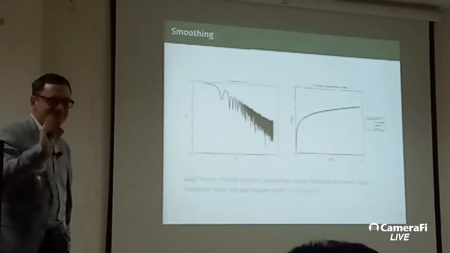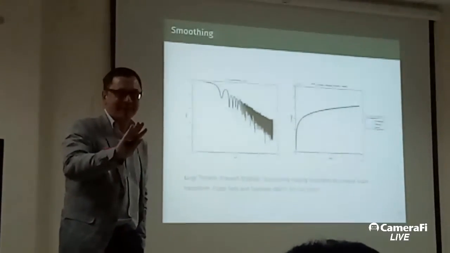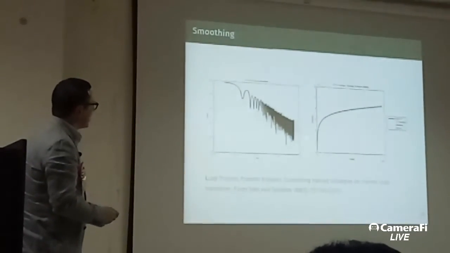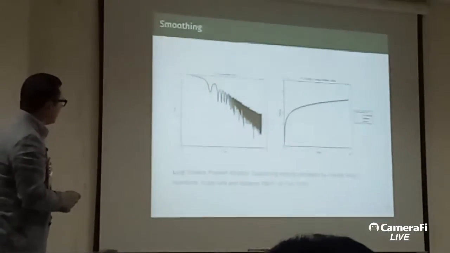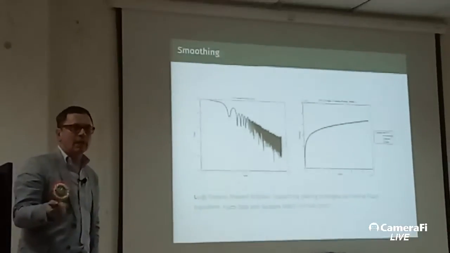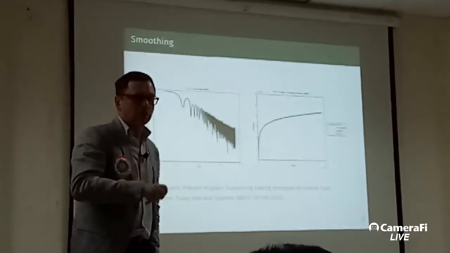I know that you are very expert in this field, so I would not like to say something wrong. But as we can see from this diagram, they emphasize low frequencies, and that's the reason for the smoothing effect on data.